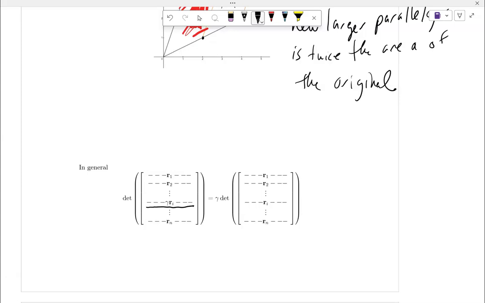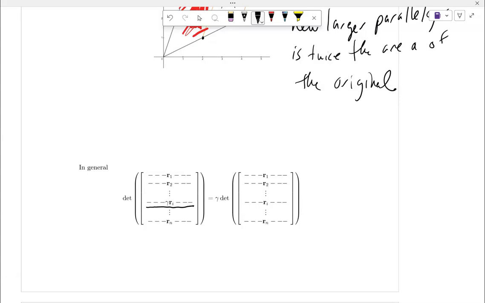So it should change the volume by that factor, right? So if I want to do the determinant of the new thing, that should be that constant times the determinant of the old thing. And what it looks like basically is that you're pulling a constant out of the determinant function. Notice it's not over the entire matrix, right? That says it's one row at a time. If you had a gamma here at row I and a gamma at row 1, I'd have to pull it out twice. You have a gamma squared out in front, right?